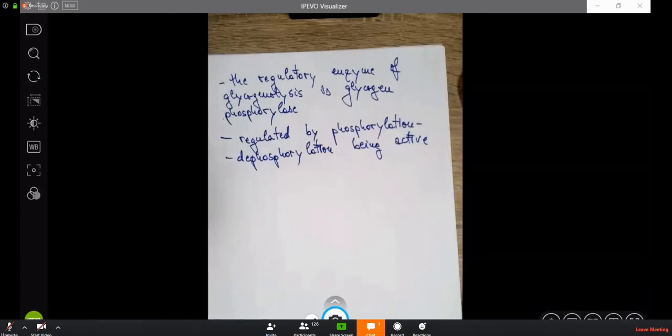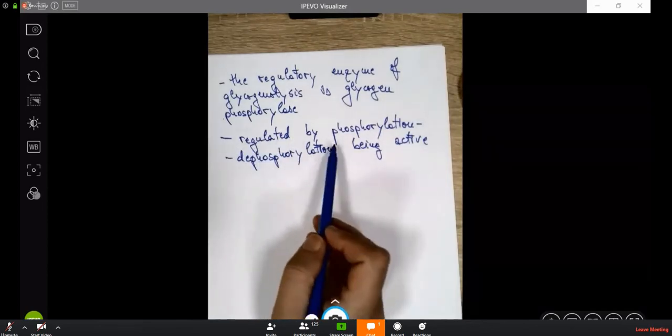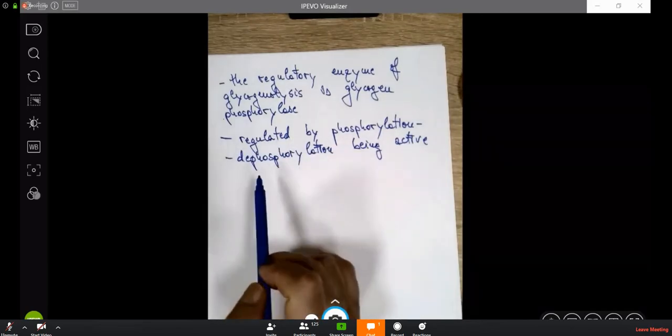Glucagon, on the contrary, likes my blood glucose levels to be high, so glucagon is going to love this process. Glucagon is having cyclic AMP as a second messenger, so it is going to activate protein kinase A. And this protein kinase A is going to phosphorylate enzymes. So this enzyme should be active in a phosphorylated form.